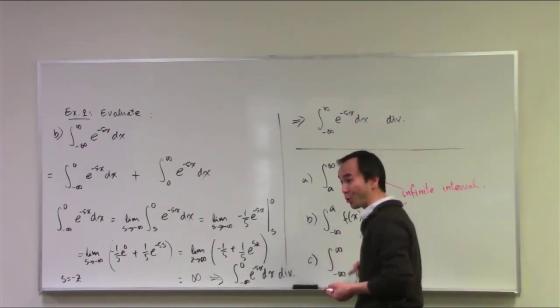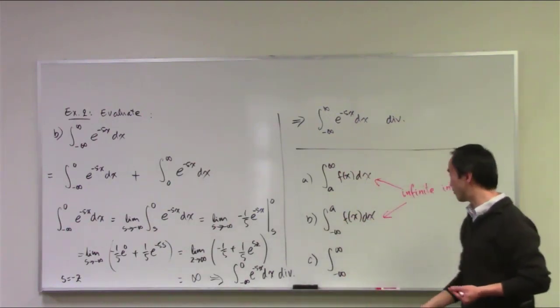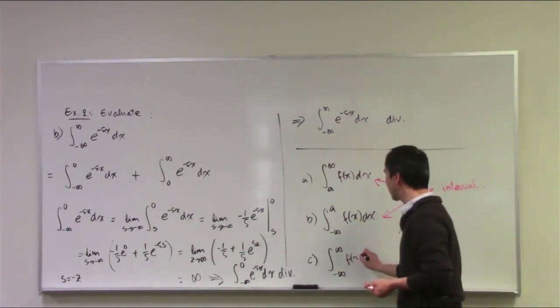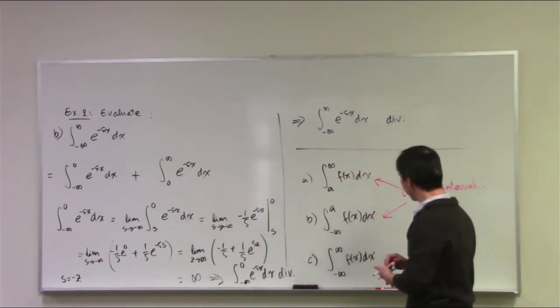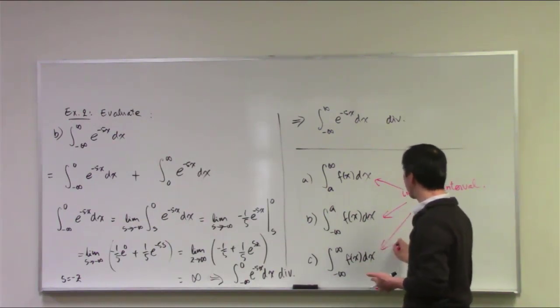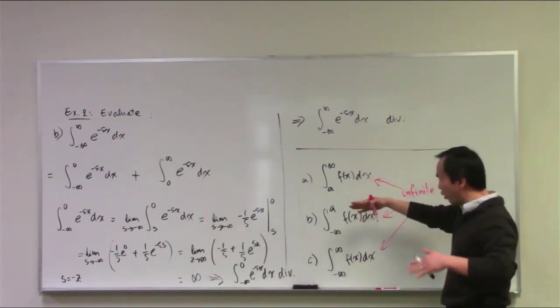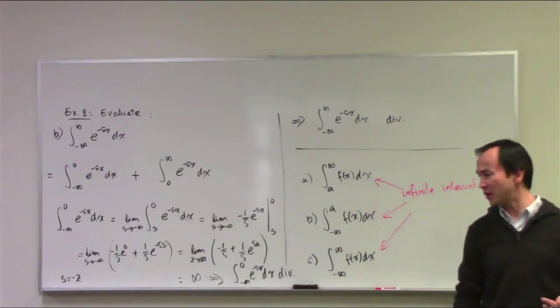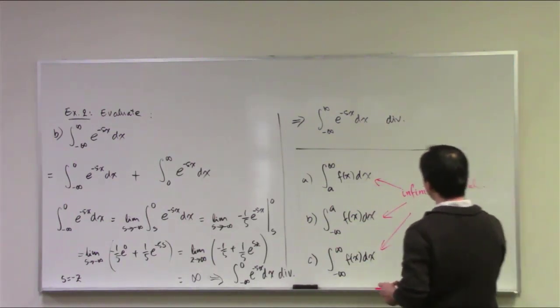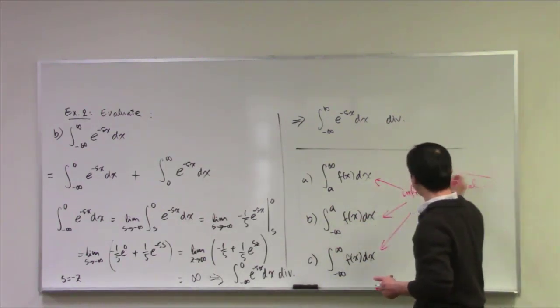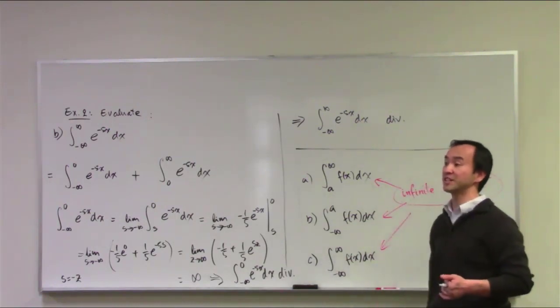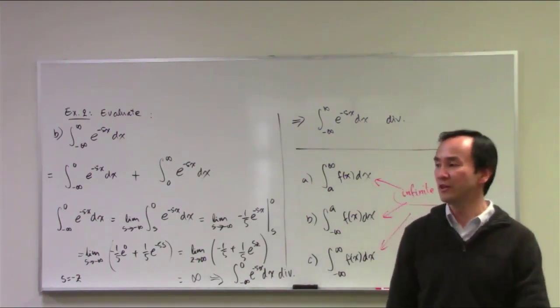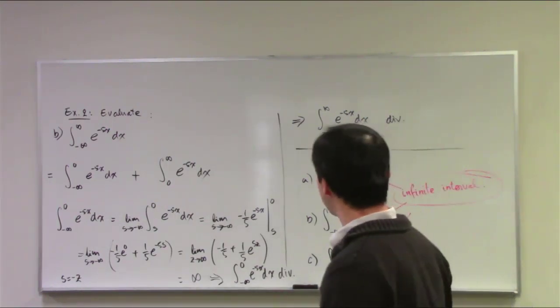This is a total, complete infinite interval, f of x dx. So the whole definition so far, parts A, B, and C, all refer to those different cases of some infinite interval being involved, either a total infinite interval or a one-sided infinite interval.